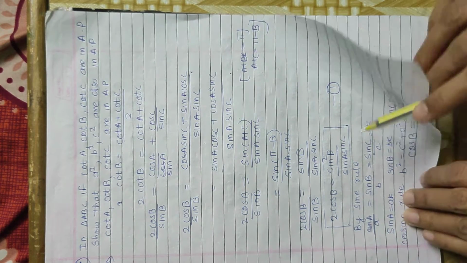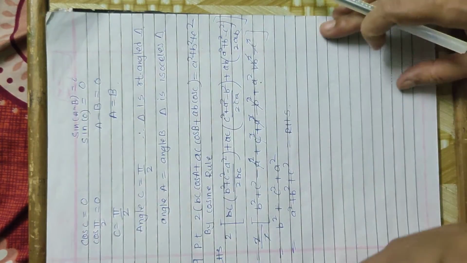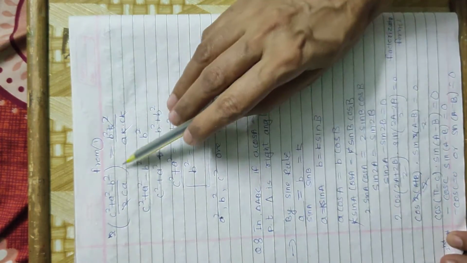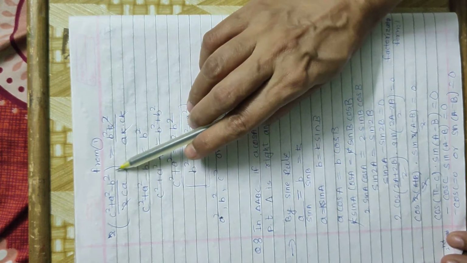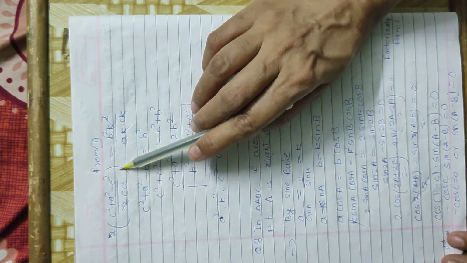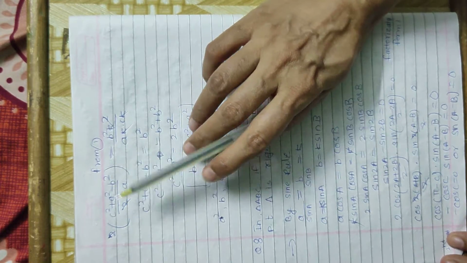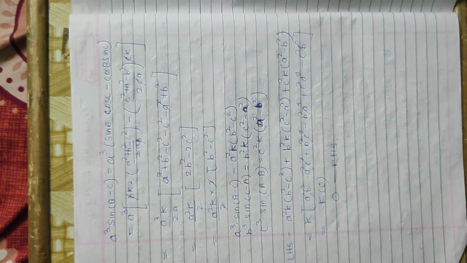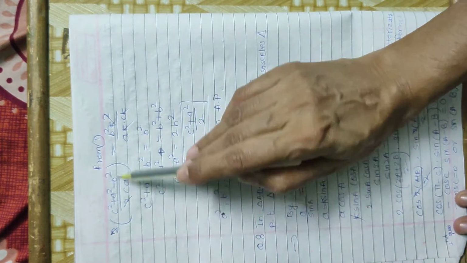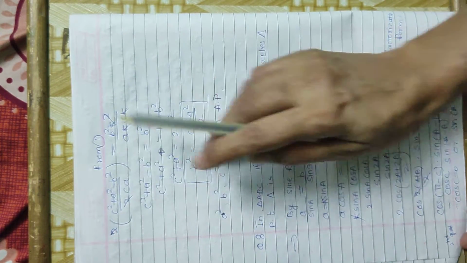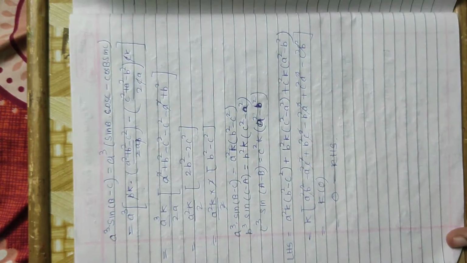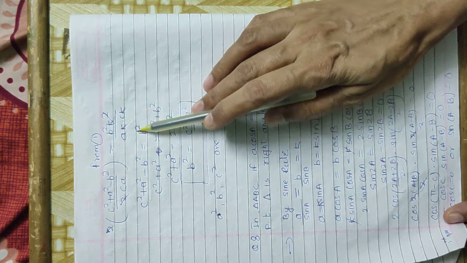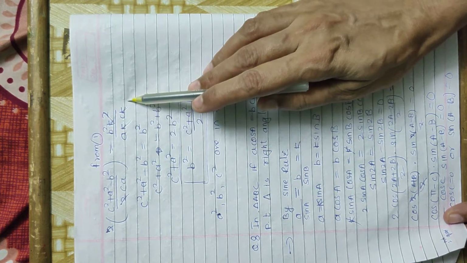Now we'll substitute in this equation number 1. From 1 substitute the values of sin and cos. So you will get here 2 cos B, this cos B is equal to B square K square upon AK into CK.